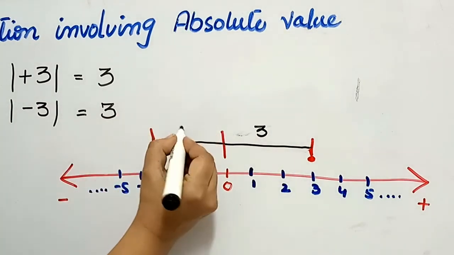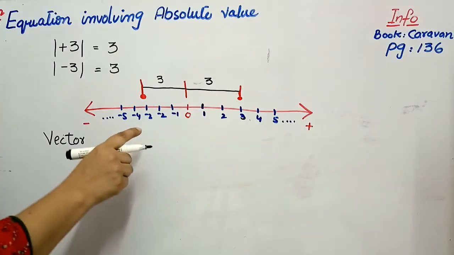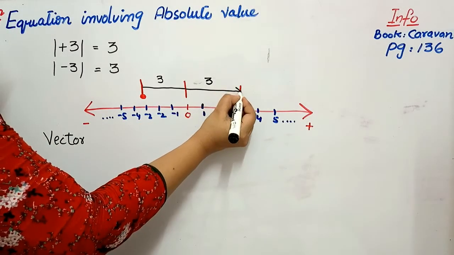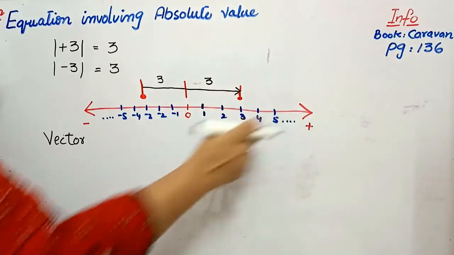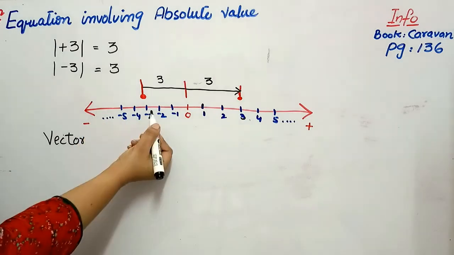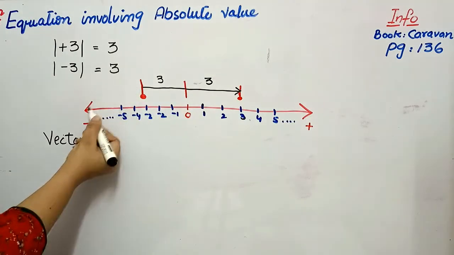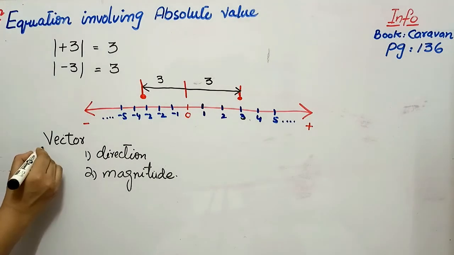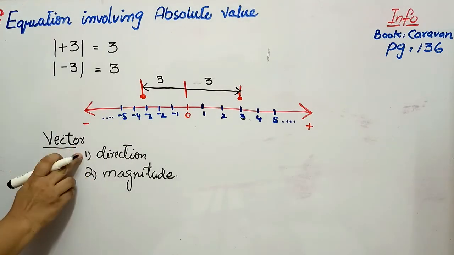If we are talking about direction, from 0 to positive 3 it is towards the positive axis, and from 0 to negative 3 it is towards the negative axis. A vector quantity has two things. Number one, direction.